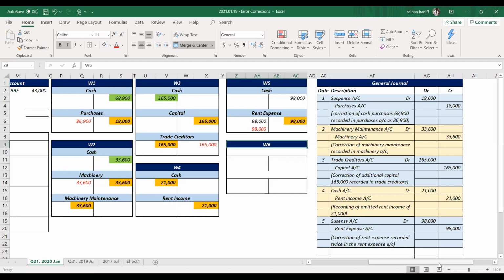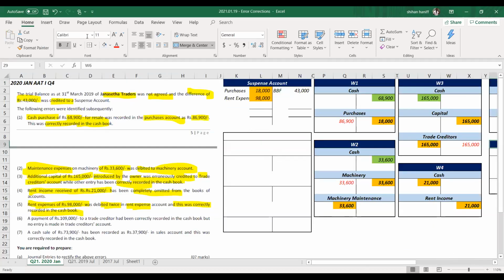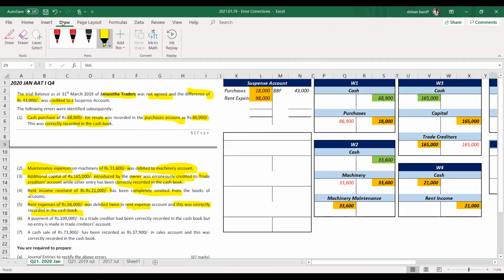Error number 6. Payment of 109,000 to trade creditor had been correctly recorded in the cash book. Cash book correct, but no entry made in the trade creditors account.